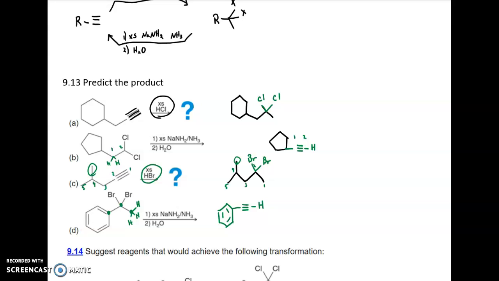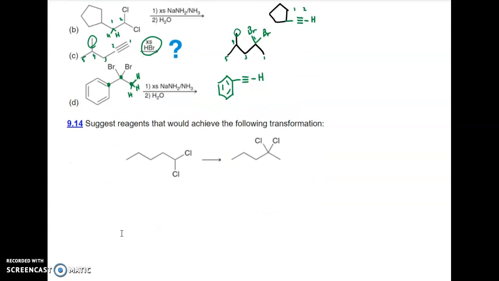I've got 2 carbons. What reagents would we use to achieve the following transformation? Okay, so now we're beginning to get into synthesis problems. These are going to be multi-step. Let's see how we're going to do this.